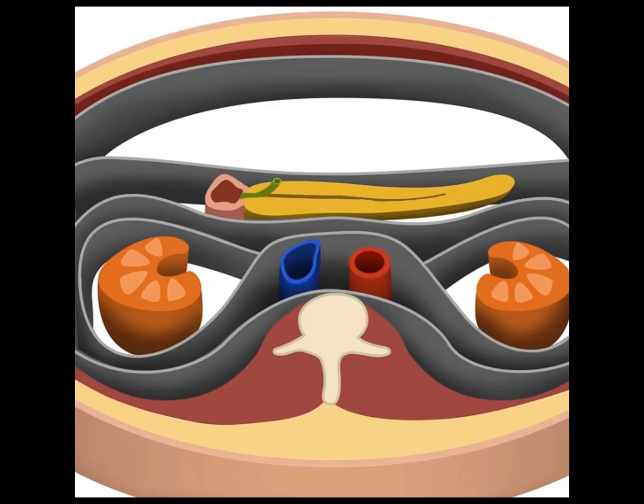It is also important to note that the aorta and the inferior vena cava are also present in the retroperitoneal space, and it is continuous with this retrorenal interfacial space. So any pathology here also will affect the retroperitoneal space.